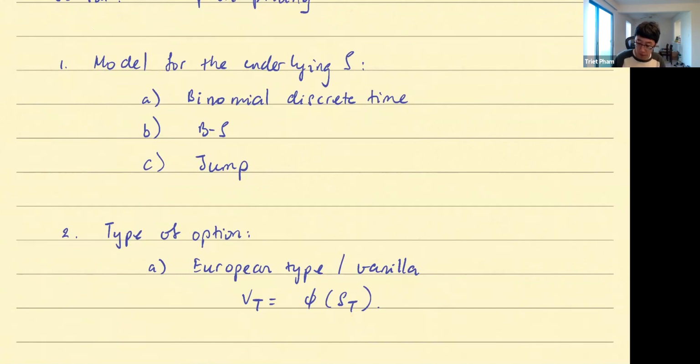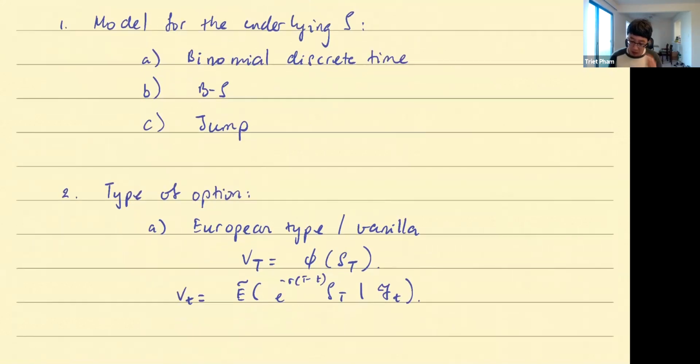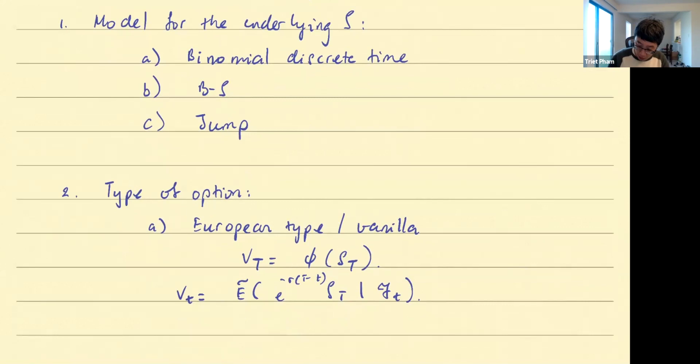And for this vanilla type of option, you would have V0 to be the expectation, or let's just do VT in general, over t minus t. All right. And so this is what we call pricing by expectation.